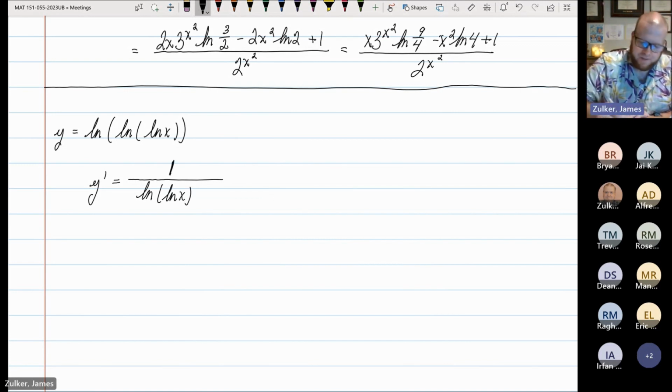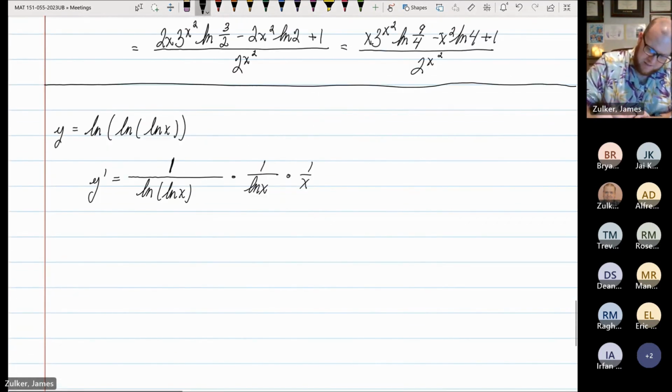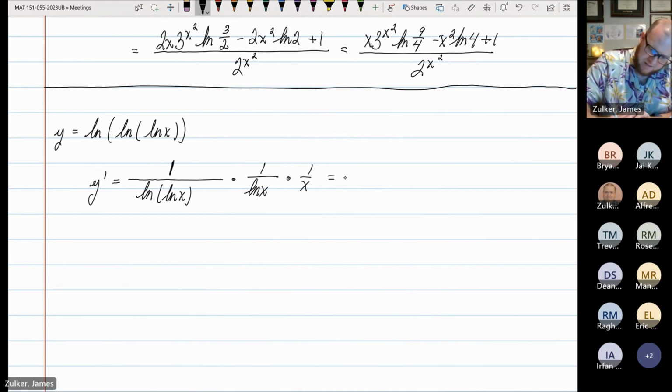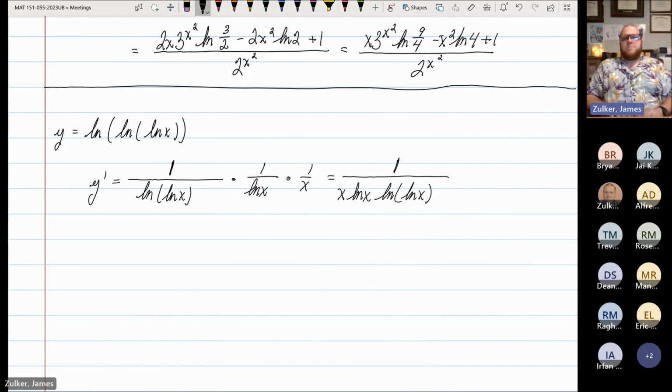One over what we're taking the log of times the derivative of what we're taking the log of, which is going to be 1 over what we're taking the log of times the derivative of what we're taking the log of, which would just be 1 over x, right? That would be the derivative.